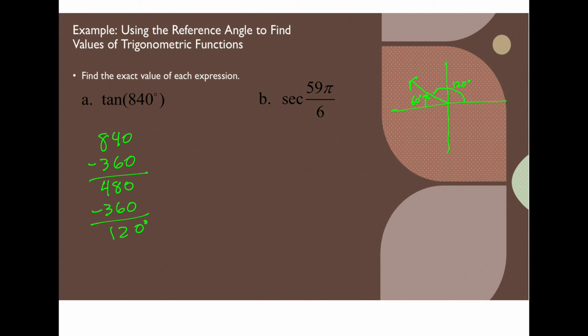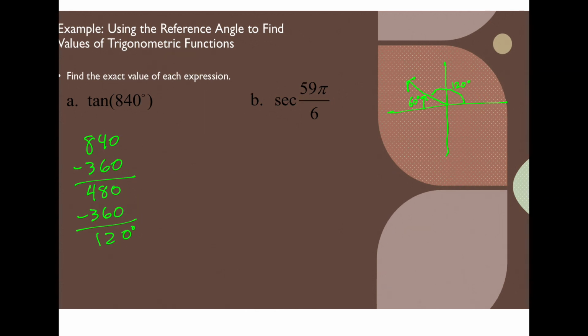Okay, second quadrant, what is tangent? We know tangent is negative here. So I can say the tangent of 840 is equal to the same tangent of 120, which is going to be equal to the negative tangent of 60, which is the negative square root of 3.